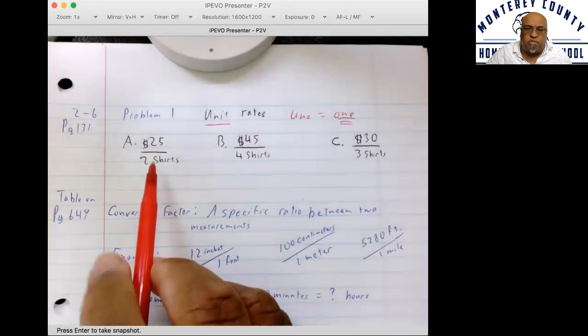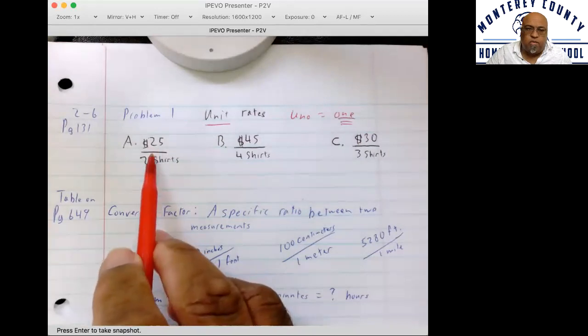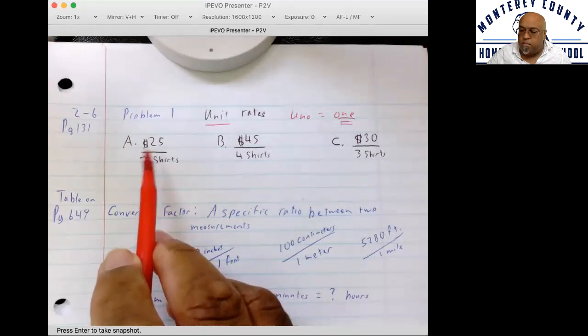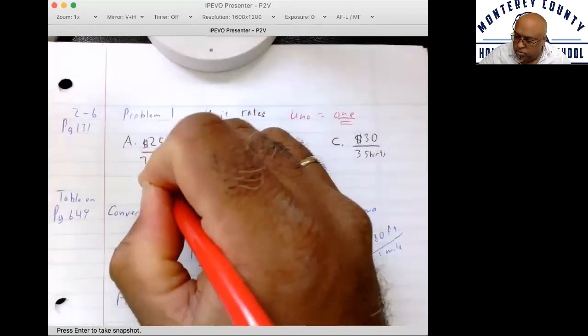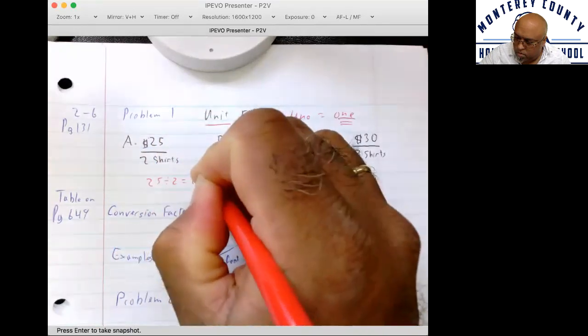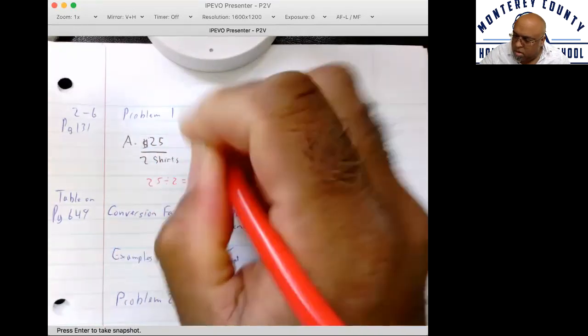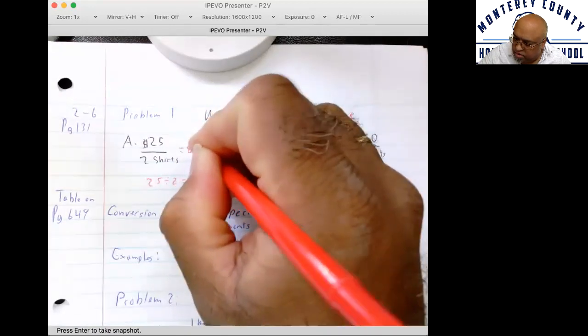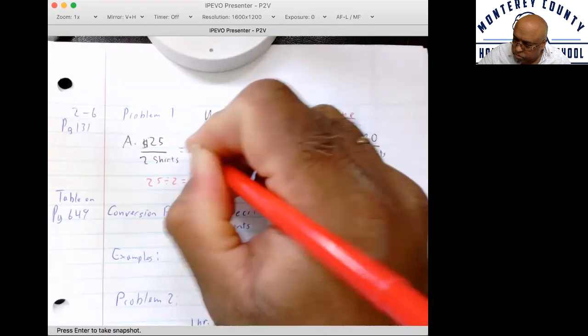It's written in fraction form, 25 over 2. So 25 over 2 means 25 divided by 2. Okay, so that would equal $12.50 per shirt.